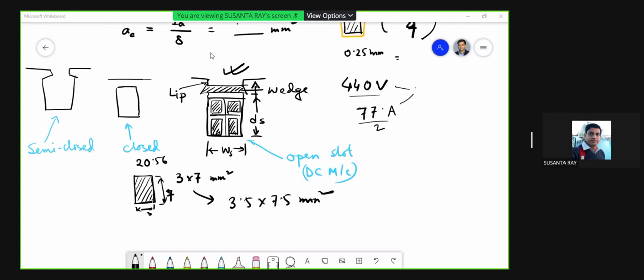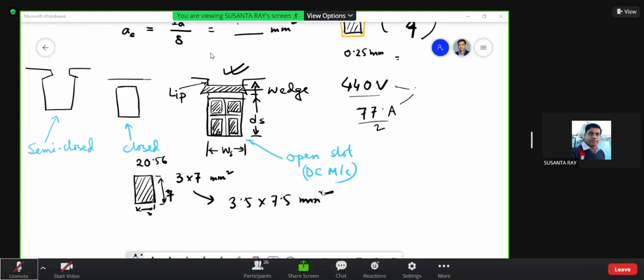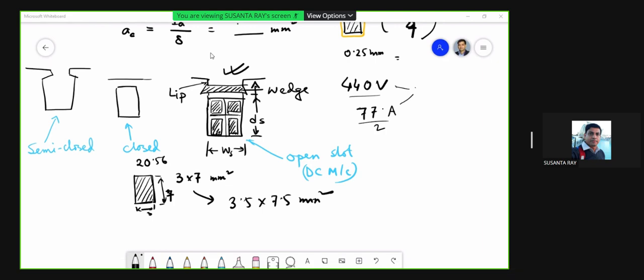In that teeth, you have to calculate the flux density at 1/3 height from the base, and that value should not exceed 2.1 Weber per meter square. That is the check. If it exceeds that, then we have to redesign the slot, or reiterate the aspect ratio that you are taking for your conductor as a rectangular bar. Okay, sir.